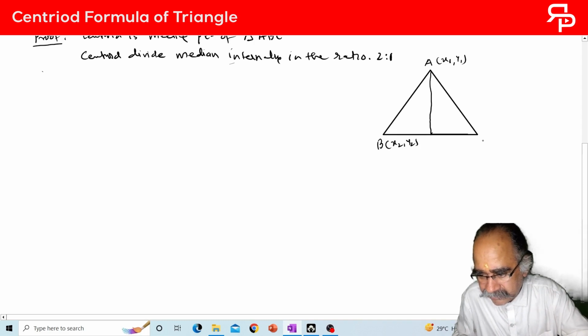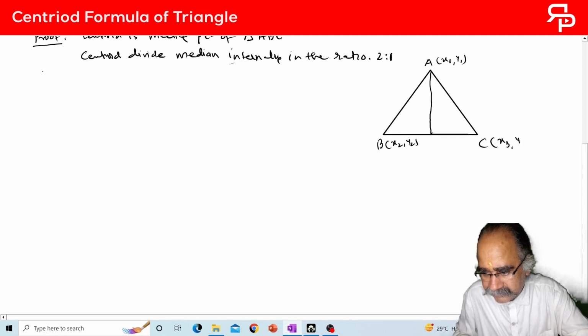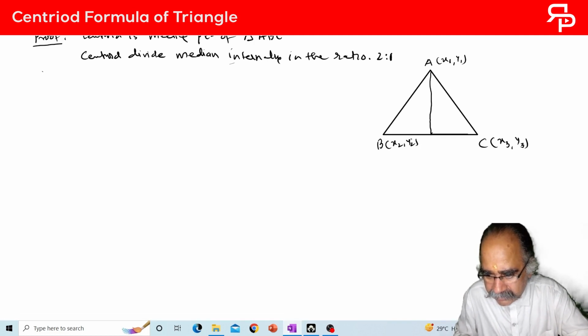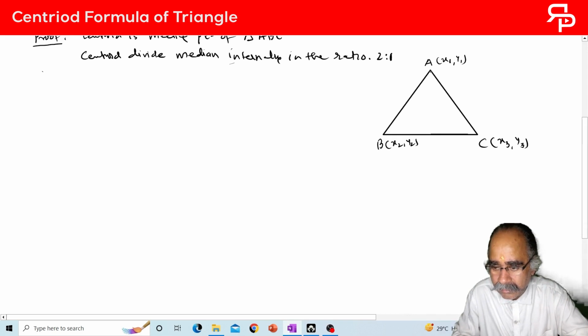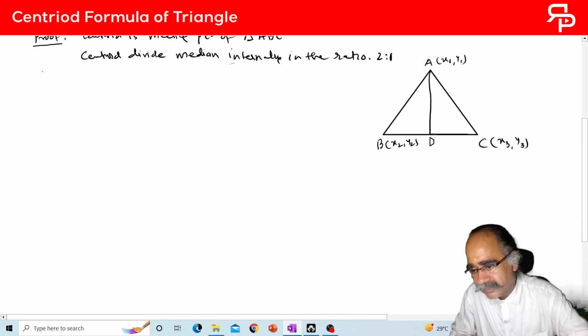And C has coordinate x3, y3. And this is midpoint of, right? Median has gone. AD is median and D is midpoint of side BC.